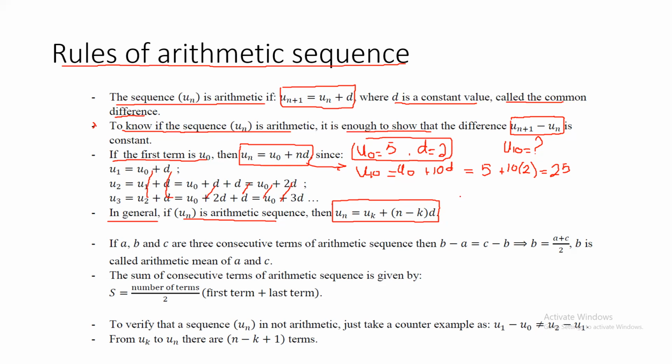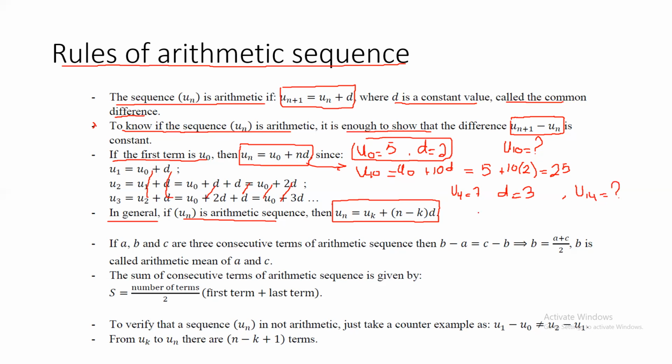For example, if I have u_4 equals 7 and d equals 3, what is u_14? How to calculate u_14?